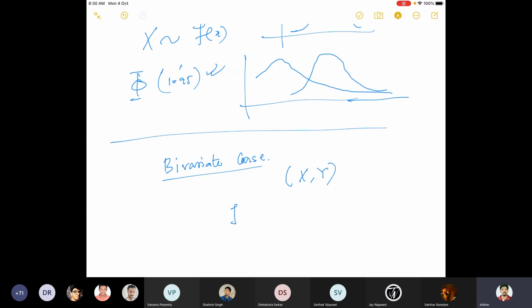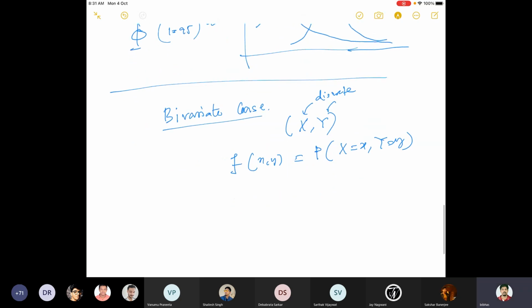Then for the discrete case, we talked about f of x, y, which is the probability of X equal to x and Y equal to y, for any small x, small y. So this is a function of two parameters, a two-variable function.